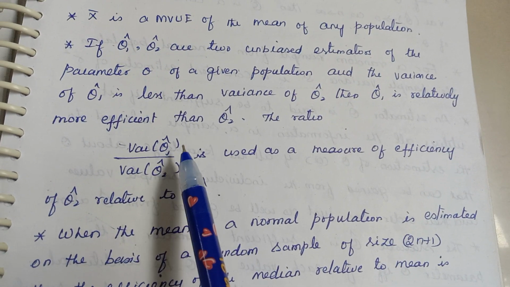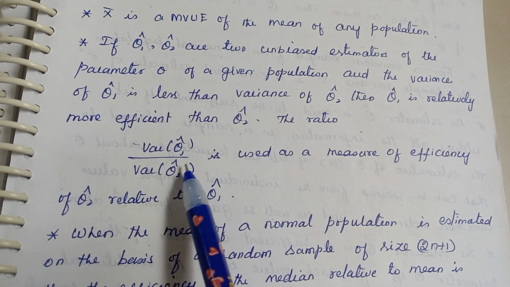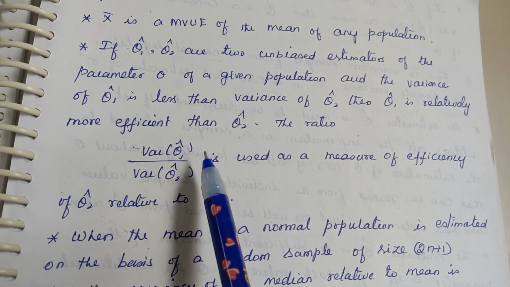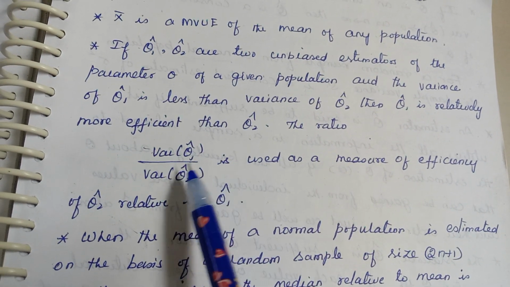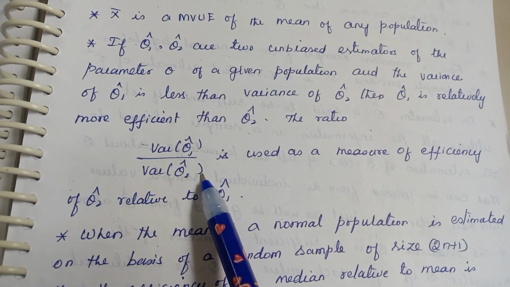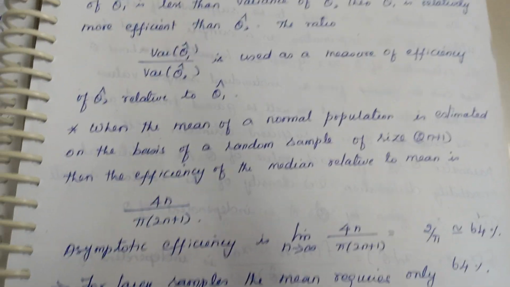Then if you want to find the efficiency of the other unbiased estimators, you have to find the ratio of variance of theta 1 cap by variance of theta 2 cap. This will give you the measure of efficiency of the other unbiased estimators.